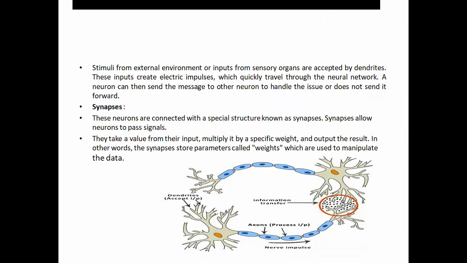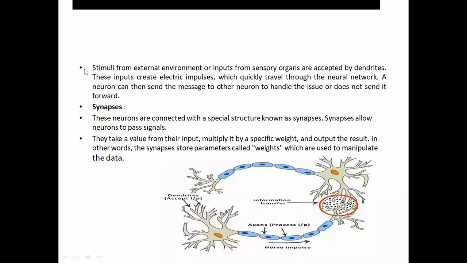Okay. So here again, I have written the same thing that I have told you over here: stimuli. Stimulus means like a signal. So whenever you want to move your hand or whenever you are touching something, how do we come to know that whatever we are touching is very soft or very hard?